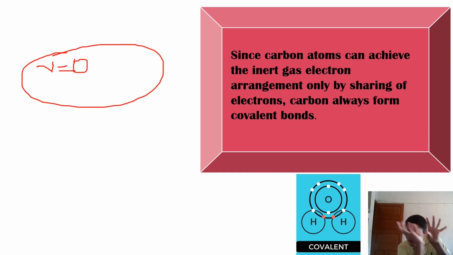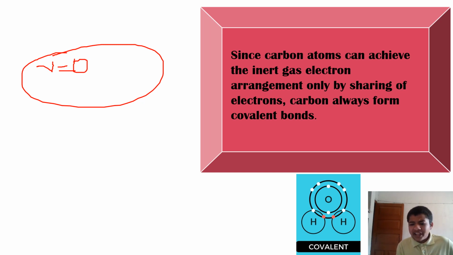And each and every element, when it is combined either by ionic or covalent bond, which we are going to study now, its valency will be 0 only. Either it will complete its duplet, or it will complete its octet. So its valency is always 0 in the combined state. Clear? And each and every element, when in combined form, wants to be in inert gas electron arrangement.